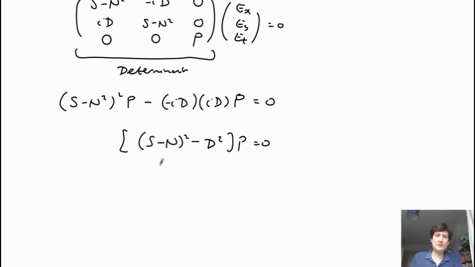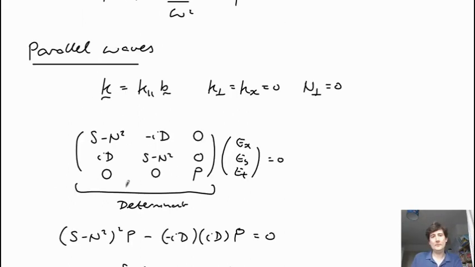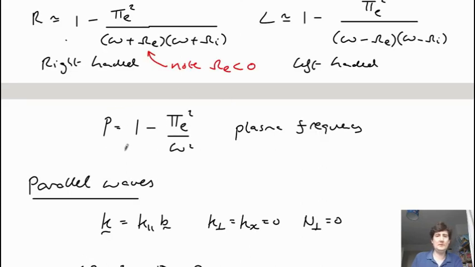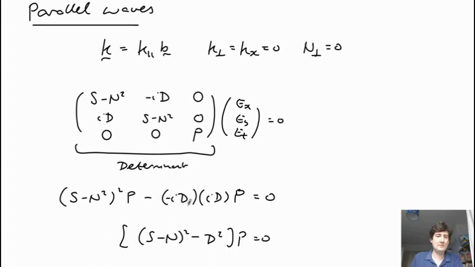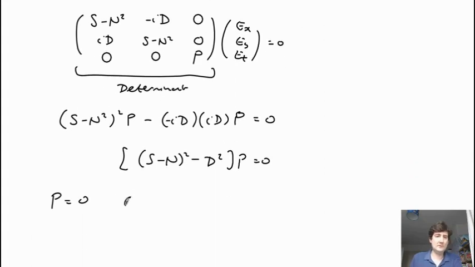And so either P equals 0 is one solution, where P here is just the plasma frequency, and so if this is 0, then omega squared is just equal to pi e squared, the plasma frequency. This one is called a Langmuir wave.